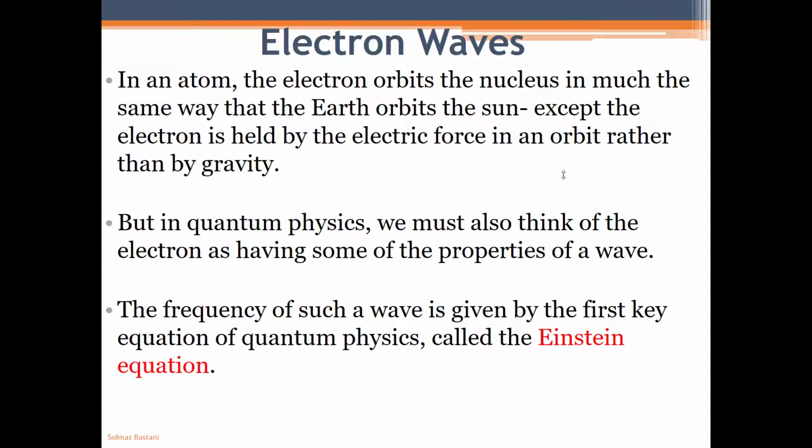So in quantum physics, electron is not a particle anymore, or it is a particle, but it has some properties of the wave too. Now, if electron has some properties of the wave, then the frequency of such a wave is given by the first key equation of quantum physics, what we call the Einstein equation.